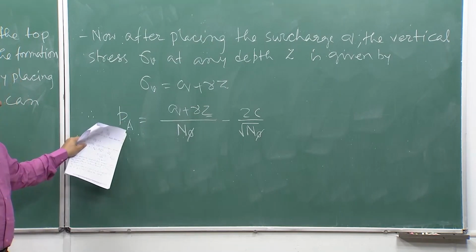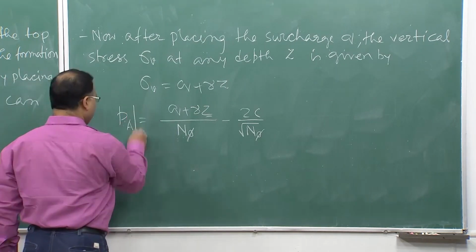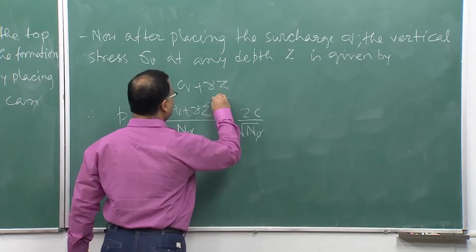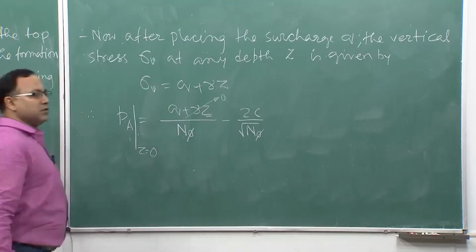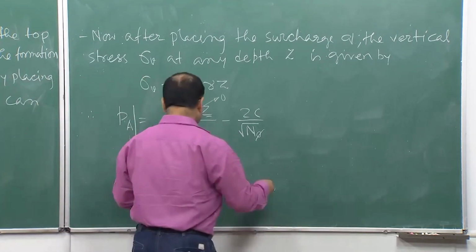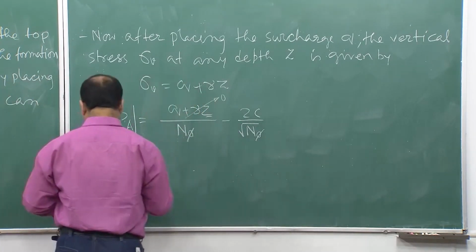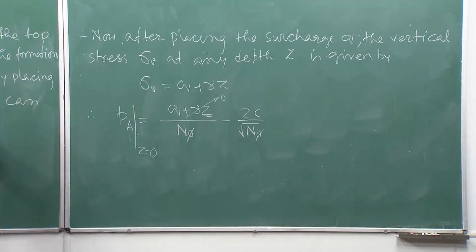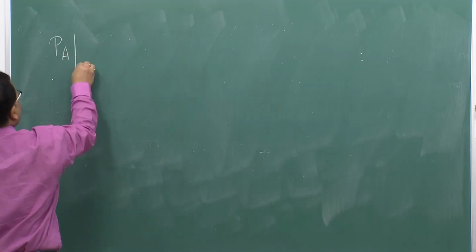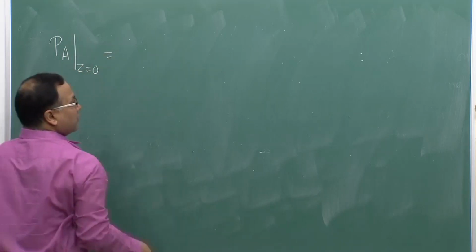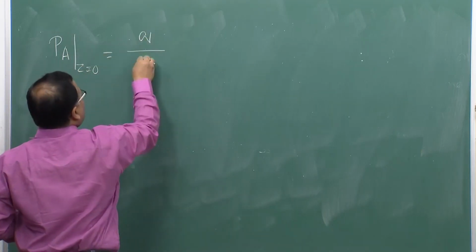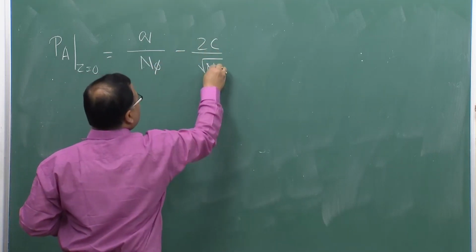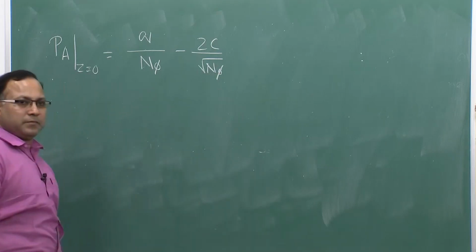So, at point A, means at Z equal to 0, this term will be 0 and the remaining part will be, so your PA at Z equal to 0 will be what? Q by N phi minus 2 c by root over N phi.